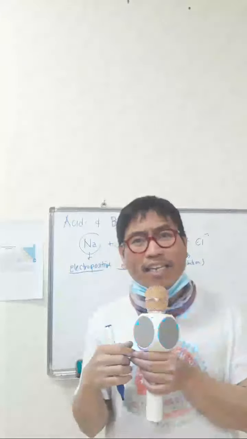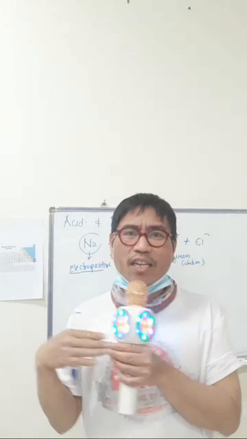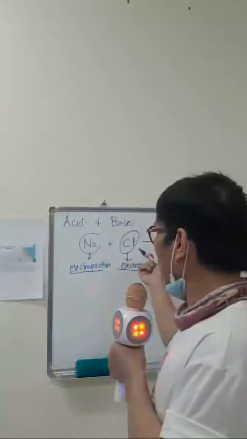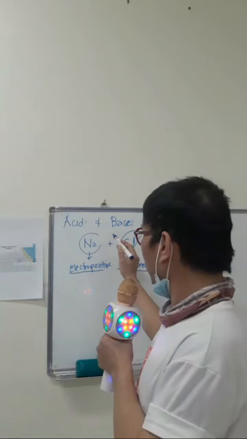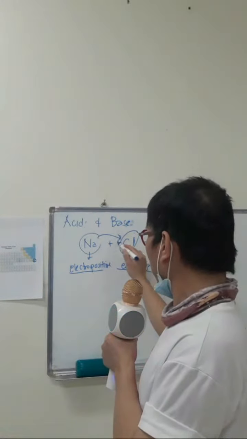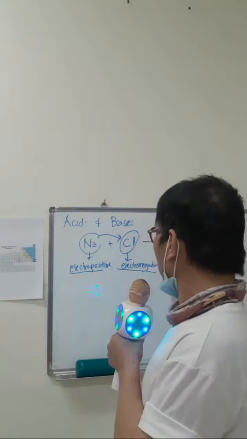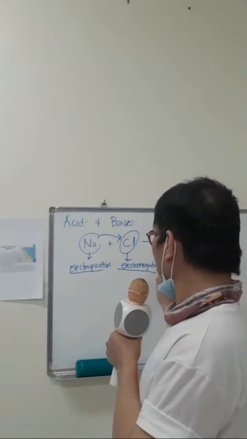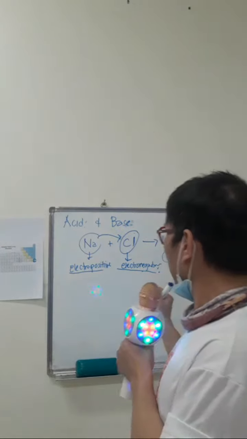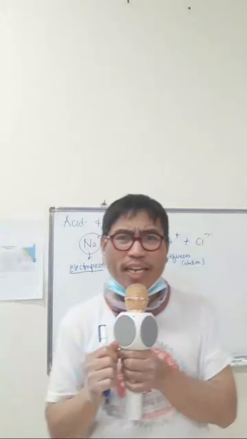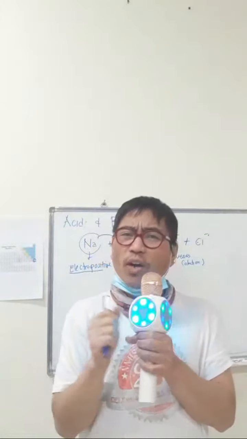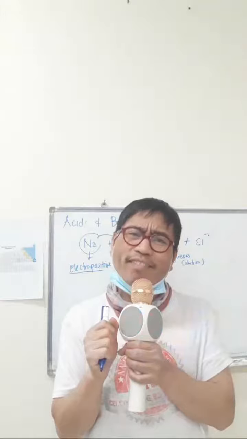That's why it needs to give them to chlorine. This sodium will give its electrons to chlorine. So now, the electronegativity of chlorine will increase. Chlorine will become more electronegative.